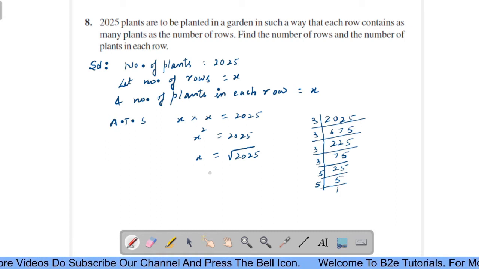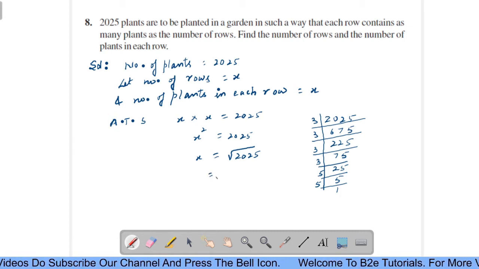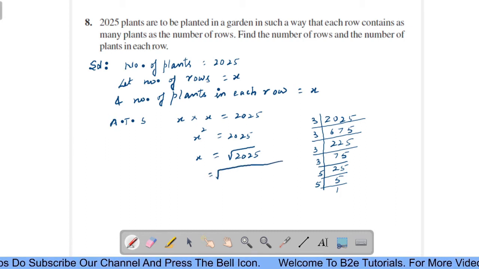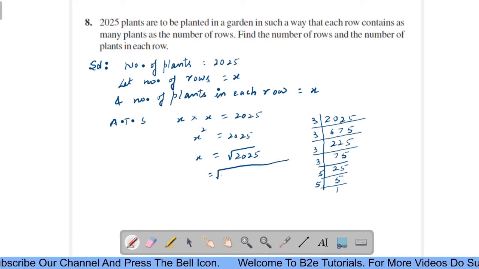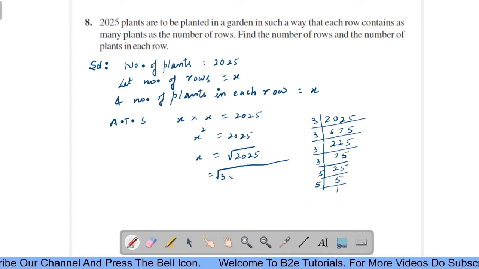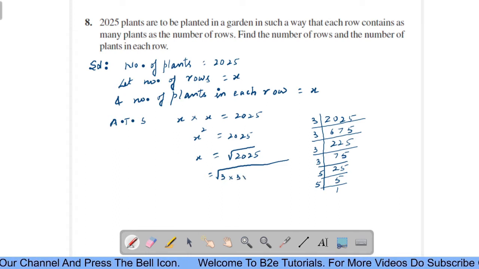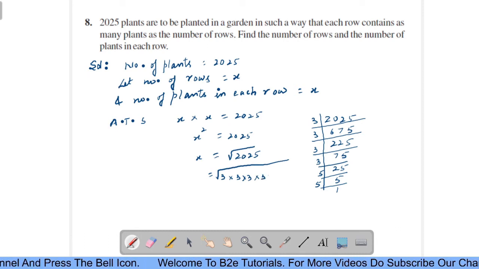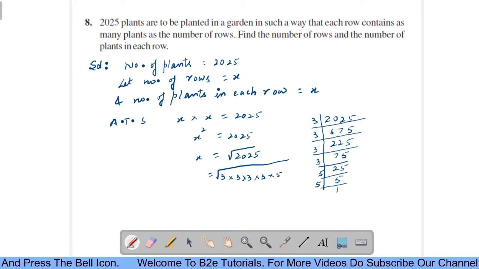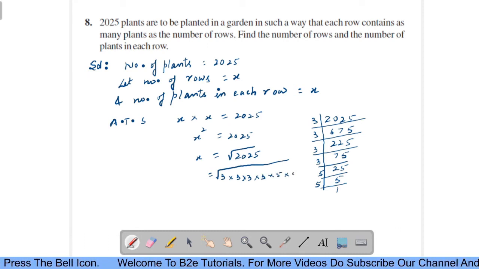Therefore x is equal to square root of 3 into 3 into 3 into 3 into 5 into 5.